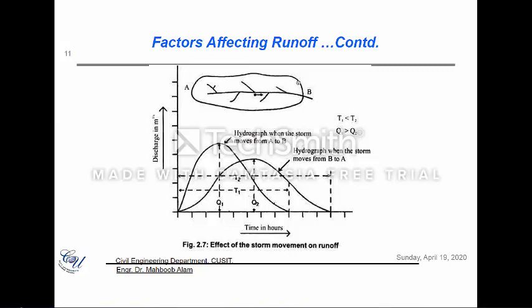Initial precipitation that has fallen here has already moved, and the rest of the precipitation that has fallen in the further area of the catchment, by the time it changes into runoff and reaches here, it would take some time. And that's the reason that the hydrograph in that case would have a longer base period.